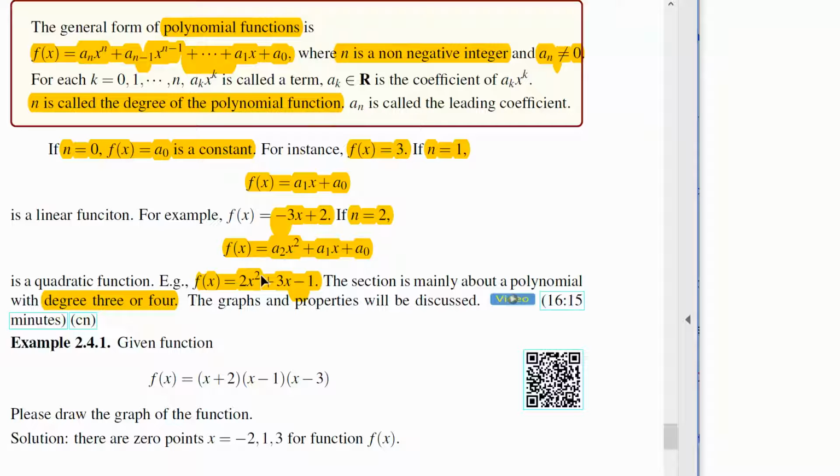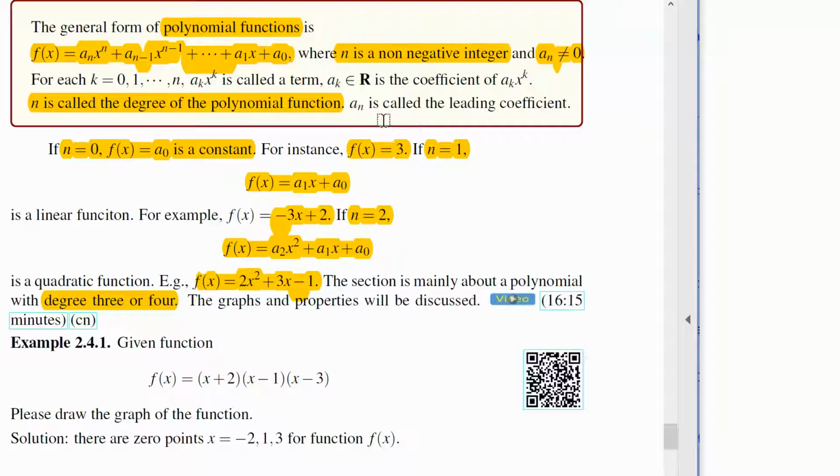So n is 2 means degree 2, a parabola. n is 1 means the degree is 1, so you have a linear function with nonzero slope. And n is 0 means it's a horizontal line.